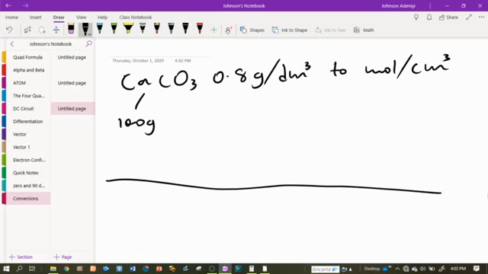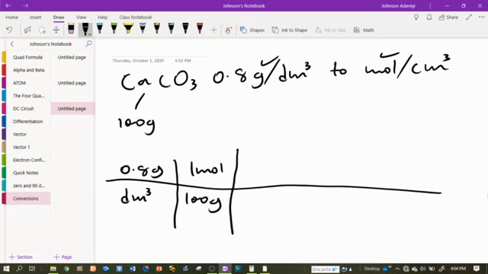You put your 0.8 gram per dm cube. Then let's start with the gram. We want to convert the gram to mole. So we have 100 gram of calcium carbonate, which is equal to 1 mole.